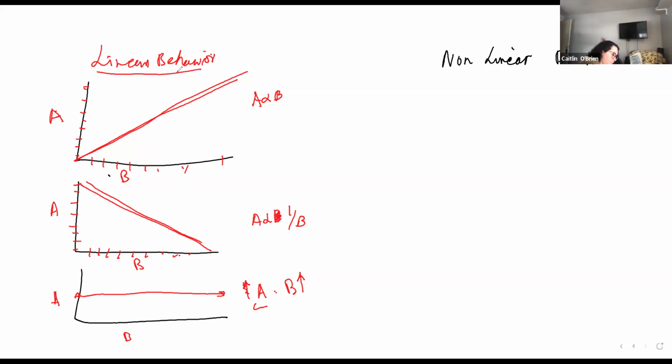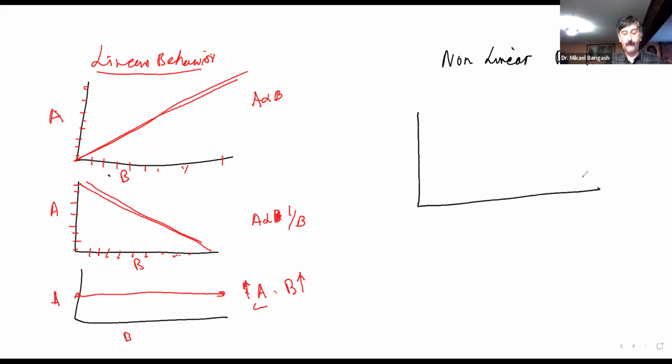Whereas a non-linear behavior, we can still say that A and B can still be compared against one another, but they have a non-linear relationship.